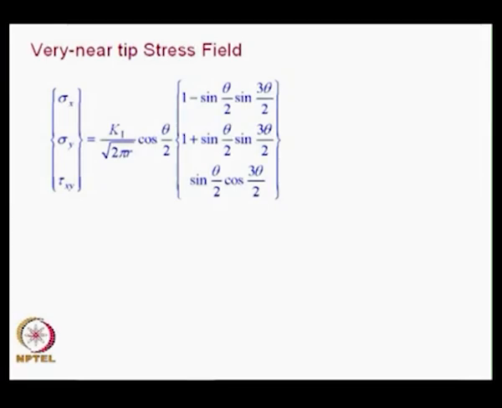Another aspect we looked at was that this solution is actually valid very close to the crack tip, because we had made a simplification, z naught is much less than a. Suppose you look at this, when r tends to infinity, what happens to the stress values?